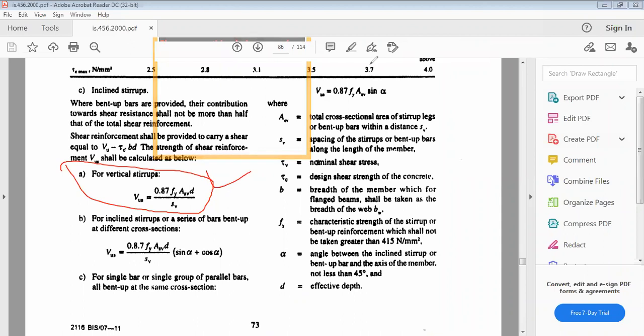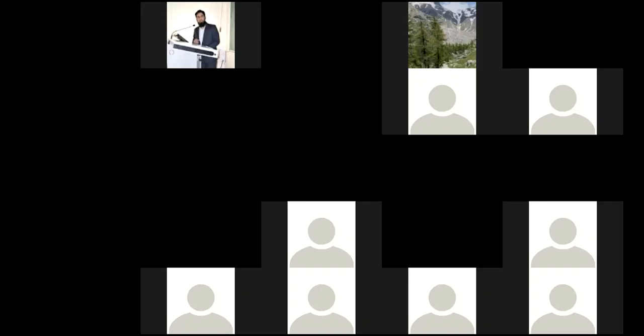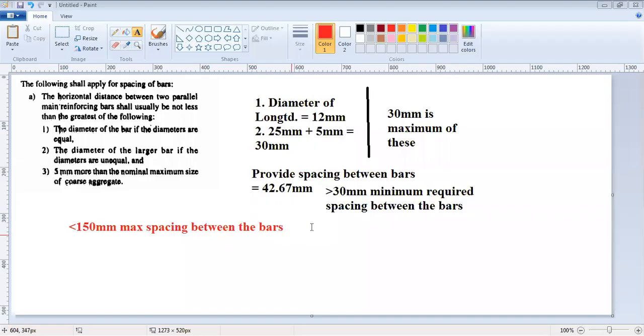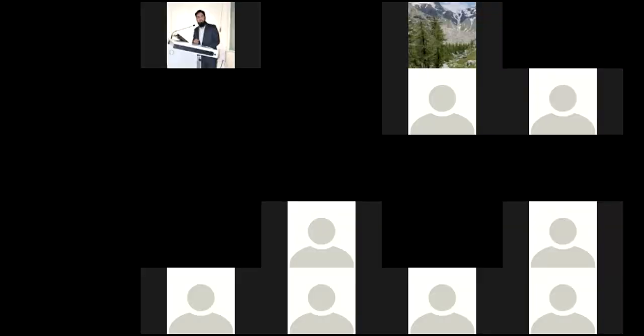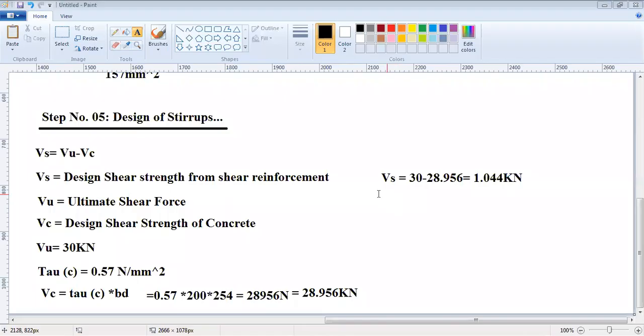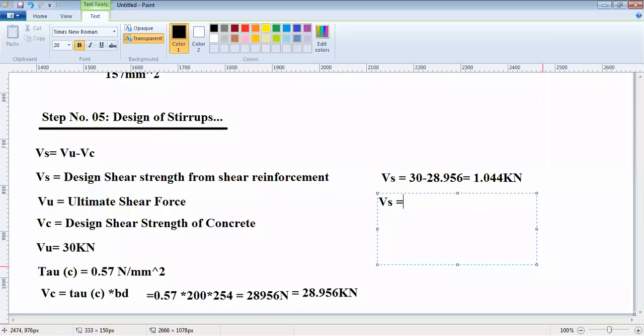So VUS here is the VS that I just mentioned. So VUS or VS is 0.87 FY ASV D by SV.